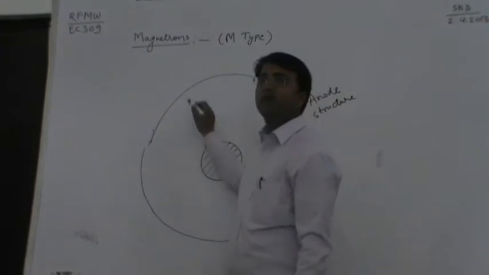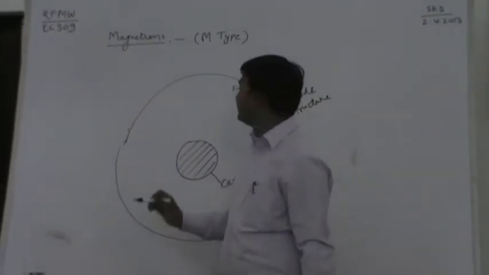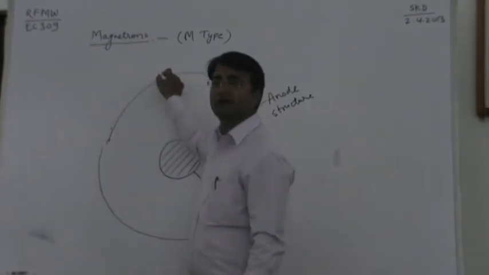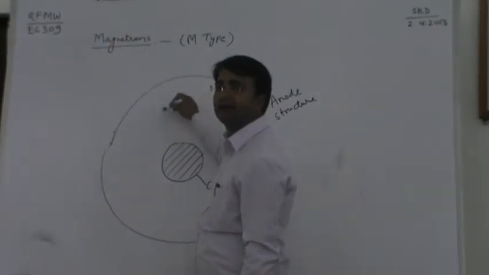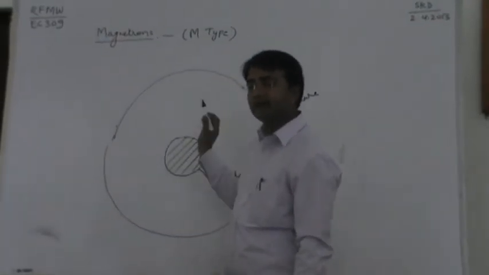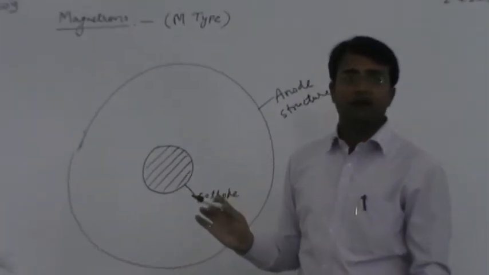There is a DC voltage, similar to the anode and cathode in a klystron. We have a DC potential between the anode structure and the cathode, and this will cause a radial electric field between anode and cathode. The structure is different, it is not linear, the structure is cylindrical, unlike klystron.